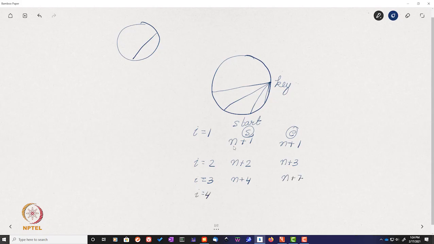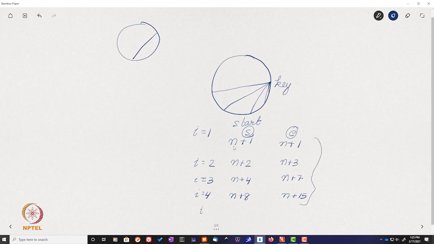Similarly, i equal to 4, this will be n plus 8 to n plus 15. So as you can see, we are gradually doubling the number of nodes in each finger. They are getting bigger and bigger, ultimately till it encompasses half, right? So as you can see, this diagram is embodied in this math.